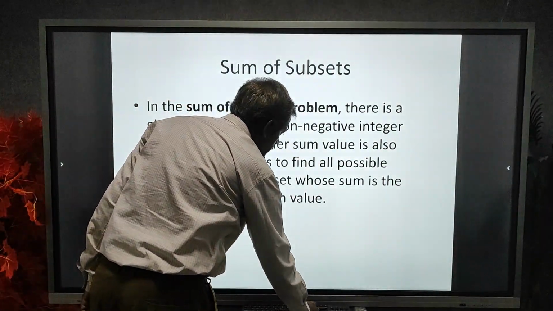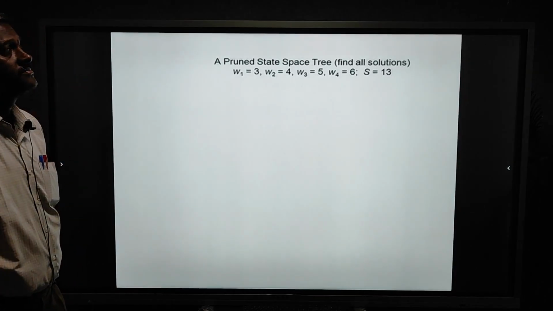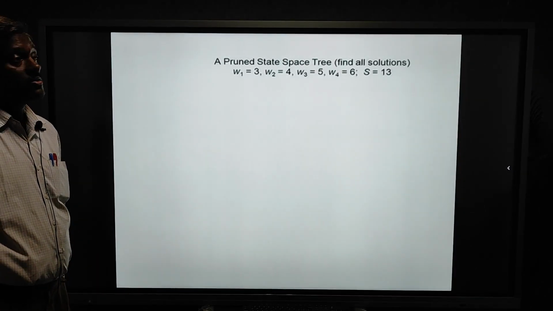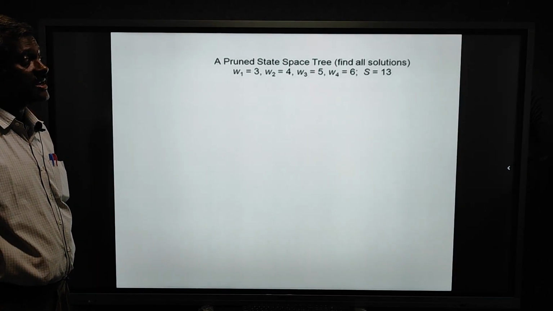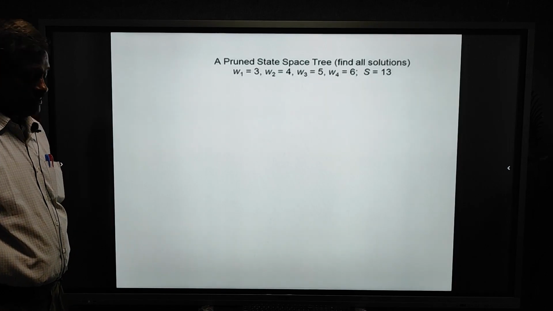Now we will solve a problem regarding this. We have to make a state space tree for the given weights.